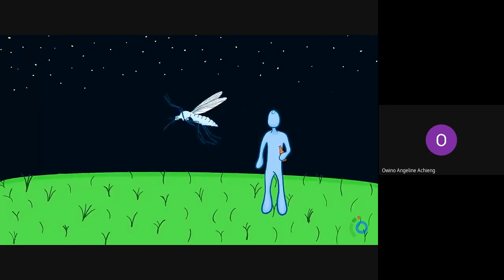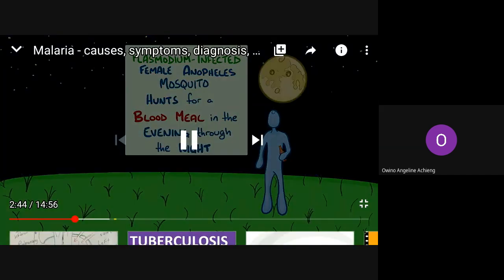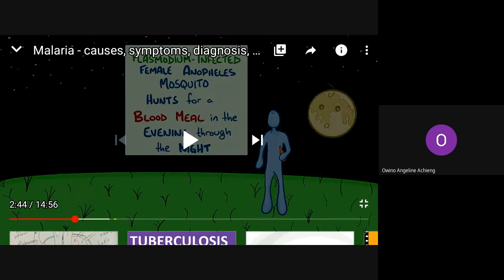Now, malaria starts when a Plasmodium-infected female Anopheles mosquito hunts for a blood meal in the evening and through the night. I want you to recognize that male mosquitoes do not spread malaria. It's the female mosquitoes that spread malaria, and it happens when they are pregnant because they have to feed from blood.